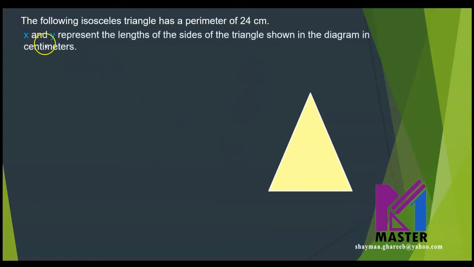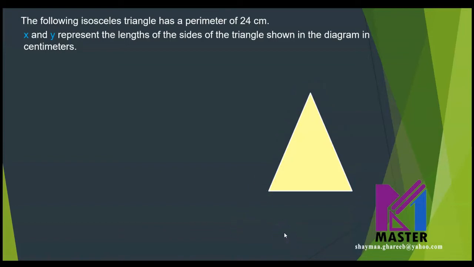X and Y represent the lengths of the sides of the triangle shown in the diagram in centimeters. So which one is X and which one is Y? X and Y are different because they are different letters. But could these two sides be X and Y? No. Why? Because these two sides are equal in length.